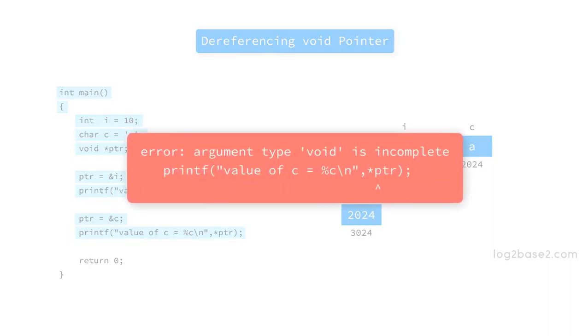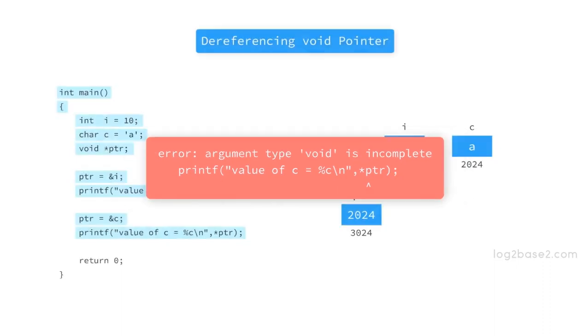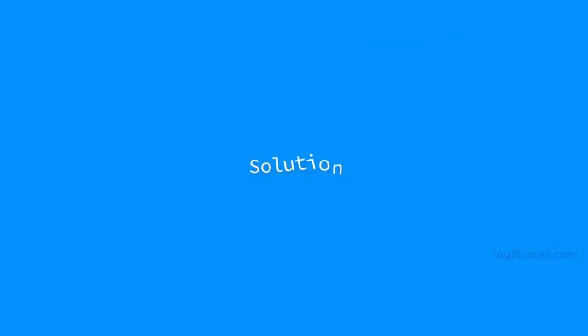Here the major issue is that while dereferencing it, the compiler doesn't know how many bytes to read. That is, if it is a character type, the compiler reads 1 byte. If it is an integer or float type, the compiler reads 4 bytes and so on. But for void type, this information is not known. So what is the solution to this issue?